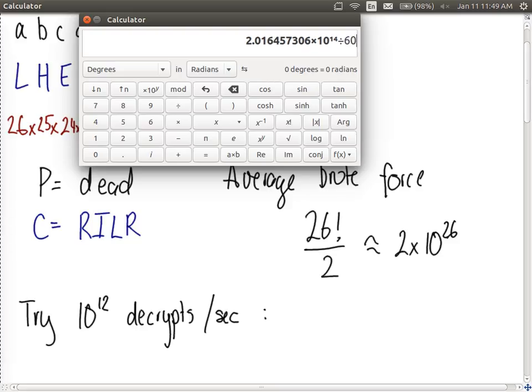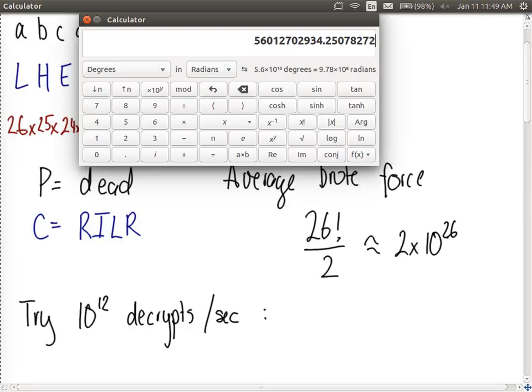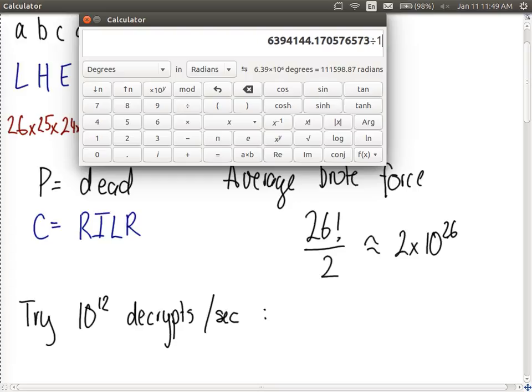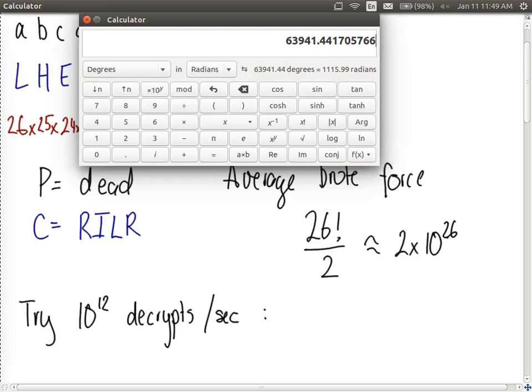Convert to minutes. Convert to hours. Convert to days. Convert to years. Convert to centuries. All right, 63,941 centuries.